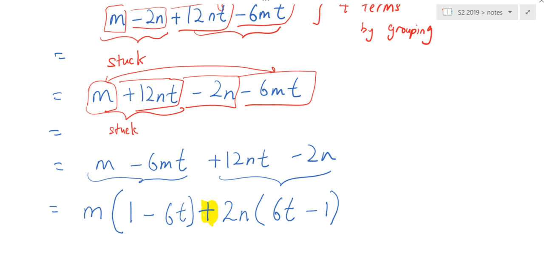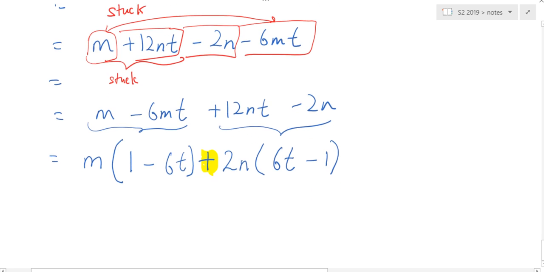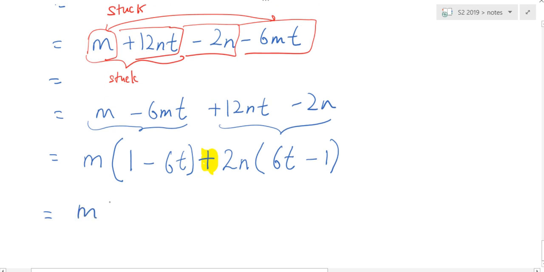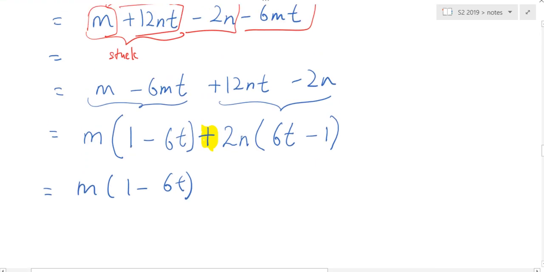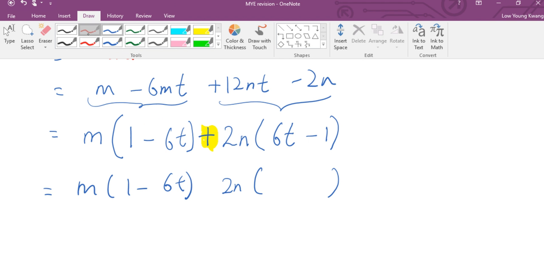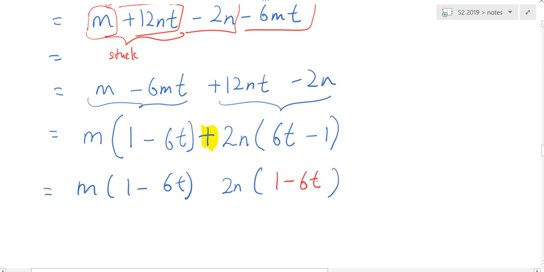Next, if I look at this bracket, this is 1 minus 6t, this is 6t minus 1. I want to swap these two. Now there are two things I do here.